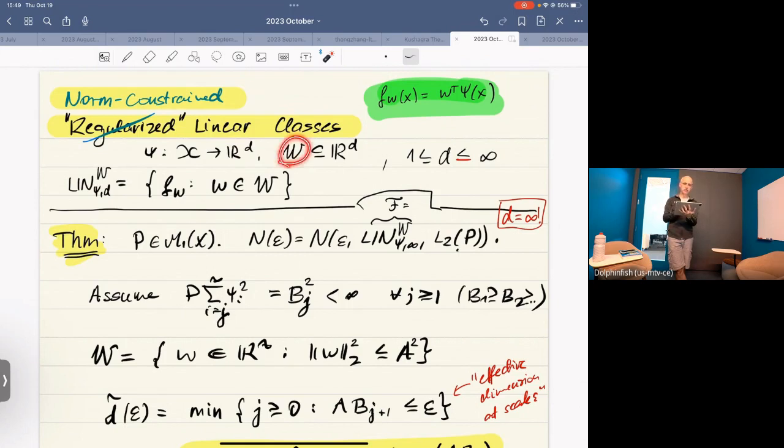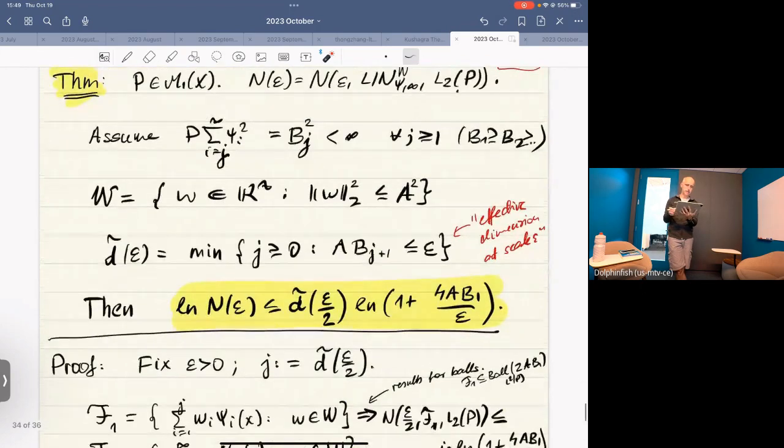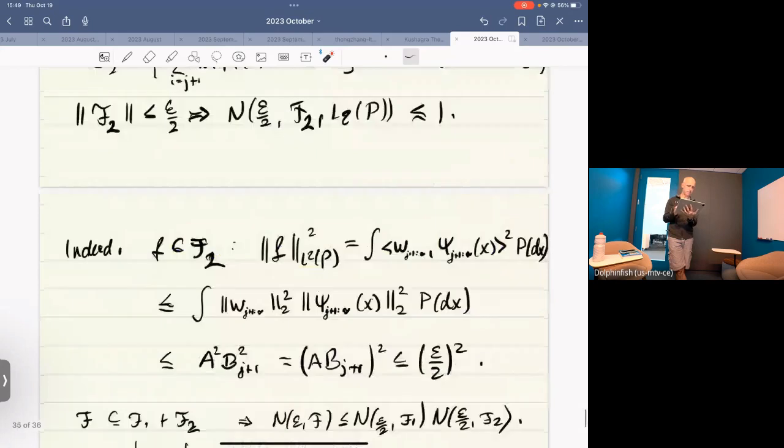The weights come from W, and you allow the dimension to be infinite. So it's, again, playing a little bit with that. And you're wondering about how big is the metric entropy for something like this? And then you can have a bunch of results.